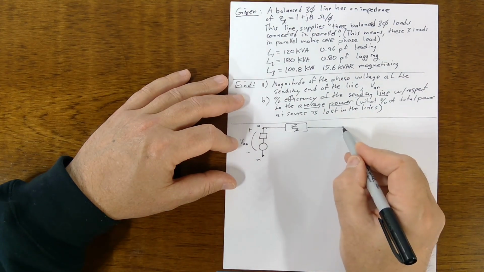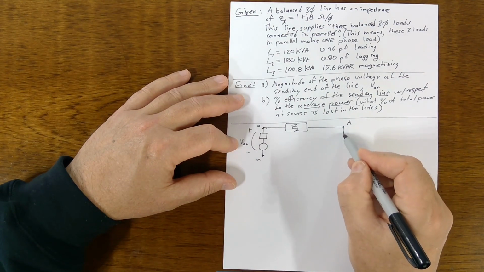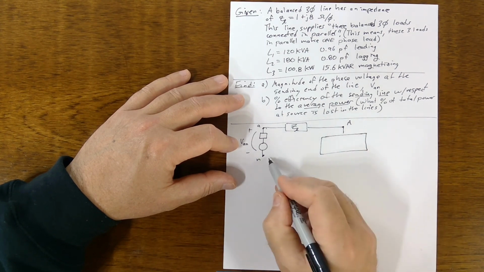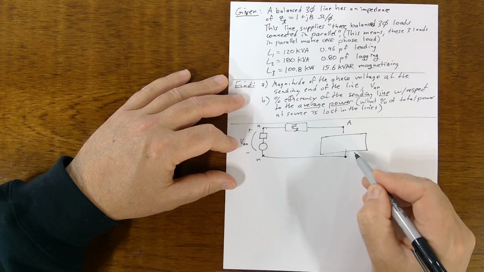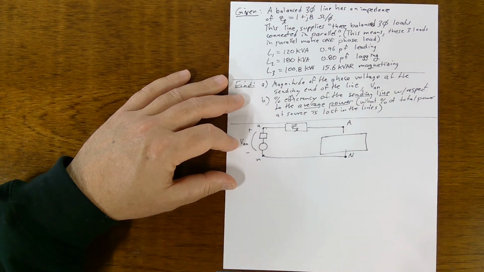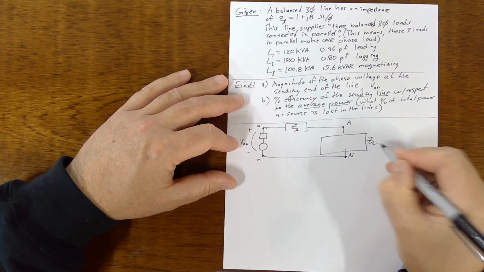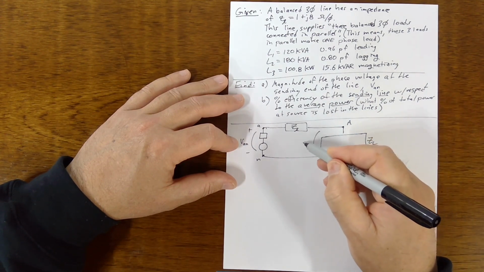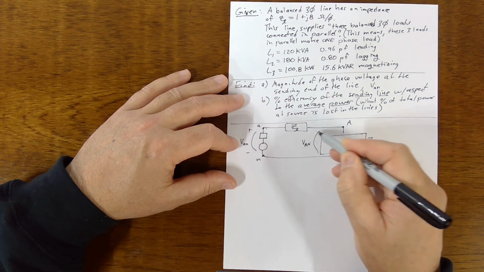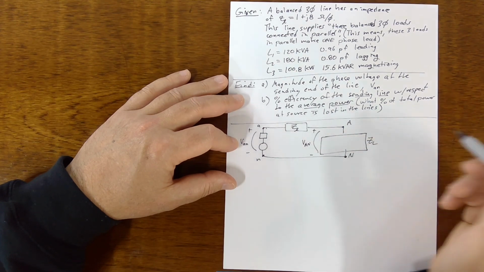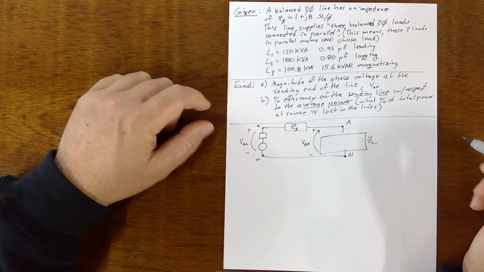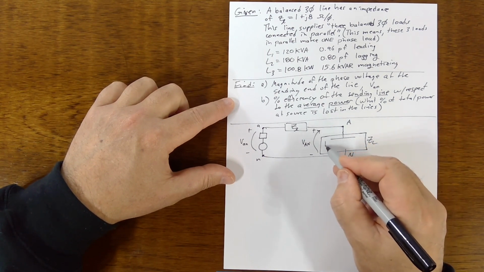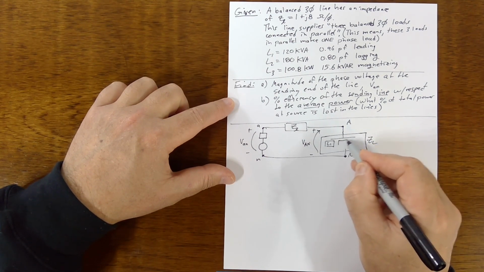Then this goes over to the load. This is Z sub L, the load, and there's V sub big AN on this side. The confusing part is that inside here there are three loads connected in parallel.